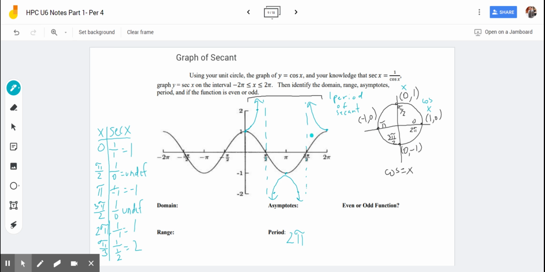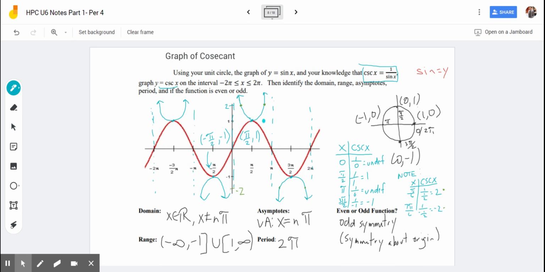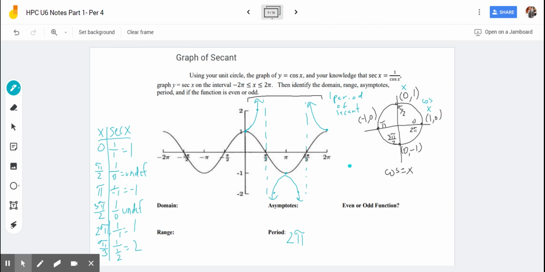And it's similar to cosecant, where we would have our asymptotes, and then basically whatever sine looks like for cosecant, we would just flip the direction of the parabola. And it's the same thing here between 0 to pi over 2. It's a downward facing parabola, the right half, so this becomes upward facing, and vice versa.